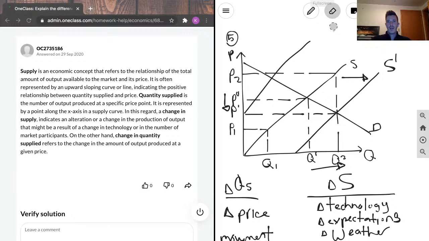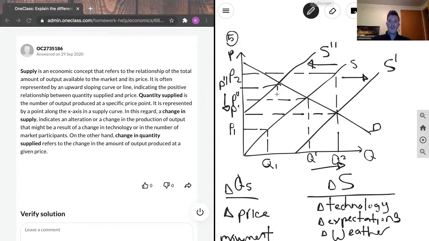Similarly, if the supply were to decrease, I'm going to call this S double prime, then we would see the price go up from the initial equilibrium price, and the quantity go down from the initial equilibrium quantity.